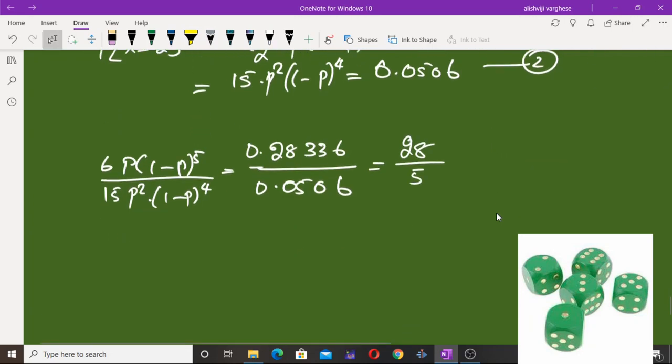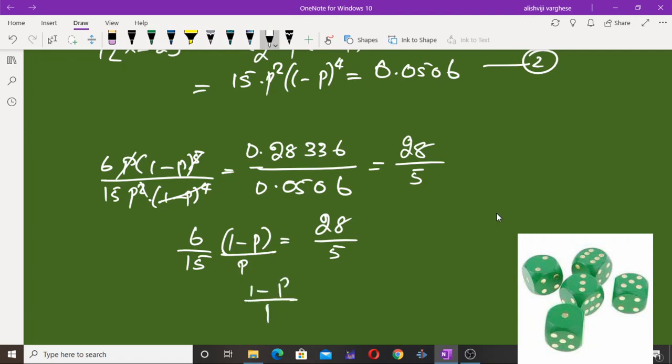Here we can make some simplification. The p and p square get cancelled, and 1 minus p raised to 5 and 1 minus p raised to 4 get cancelled, so 6 by 15 into (1 minus p) divided by p is equal to 28 divided by 5, or (1 minus p) divided by p is equal to 28 into 15 divided by 5 into 6.